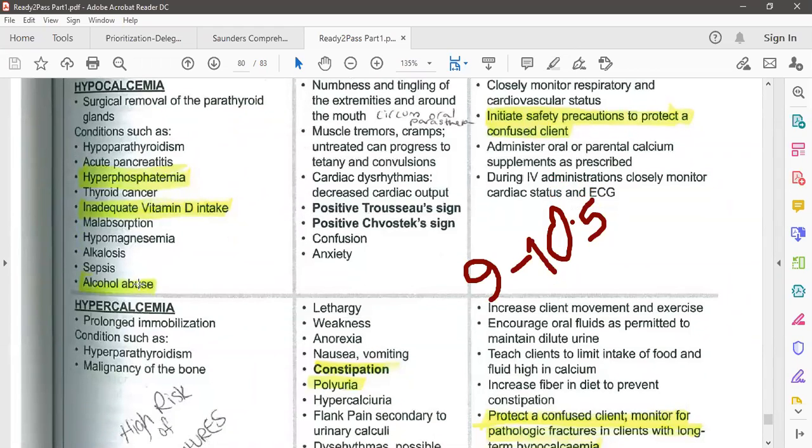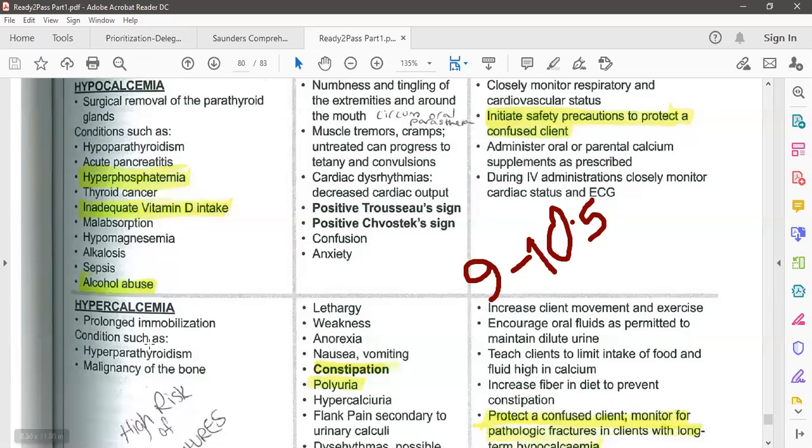So what else? Hypercalcemia. The most common causes of hypercalcemia are hyperparathyroidism, long-term steroid use, or bone cancer. Also prolonged immobilization. If anybody has a sedentary lifestyle, sitting most of the time and not mobilized, there is a chance to develop hypercalcemia.